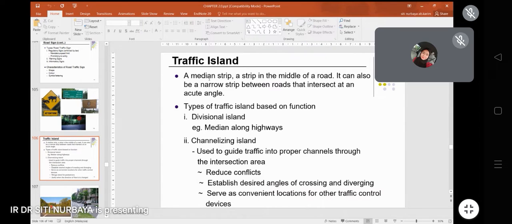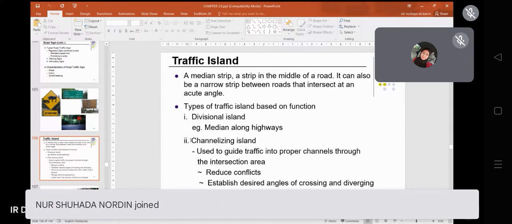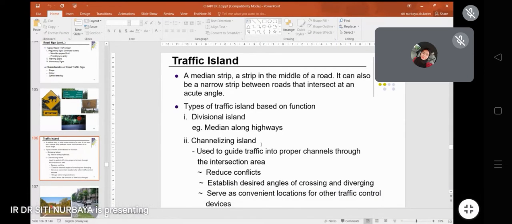It can also be a narrow strip between roads that intersect at an acute angle. The types of traffic island based on function. So the types are the divisional island, for example, median along highways, and then we have channelizing island.